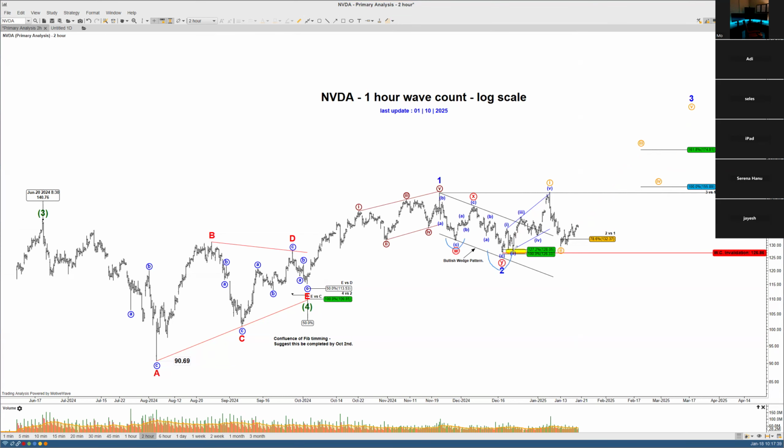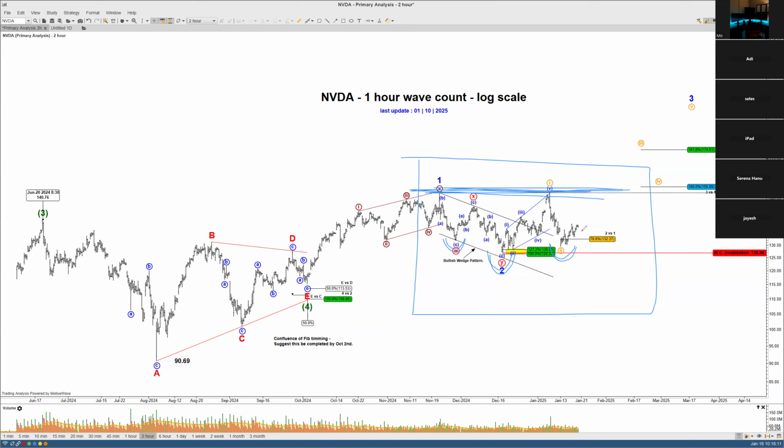We can do this. Okay, there's one possibility right there. If you have a complete neckline, here's one shoulder, here's your neck, here's your head, here's your right shoulder. So you can make a case here.